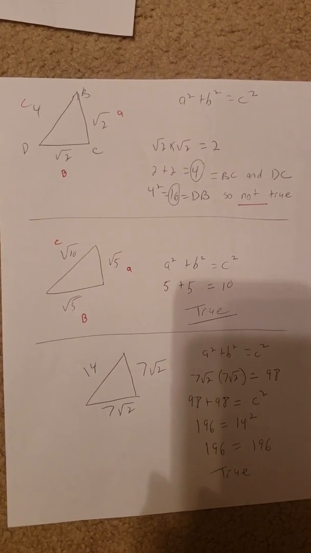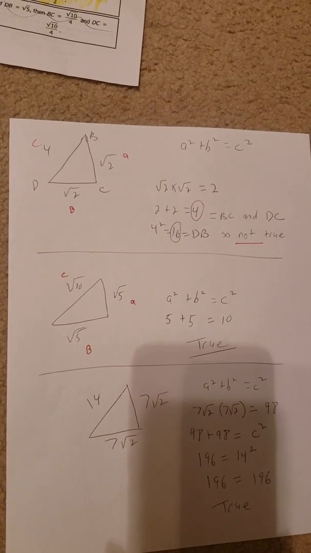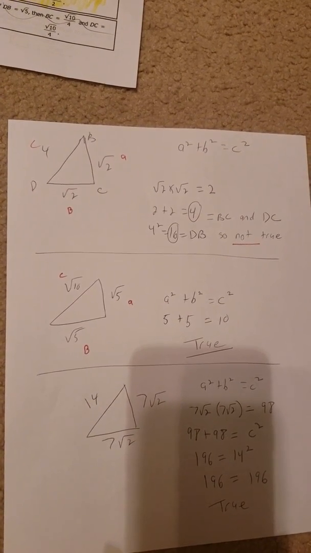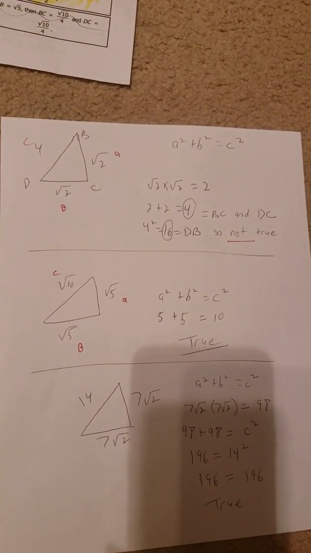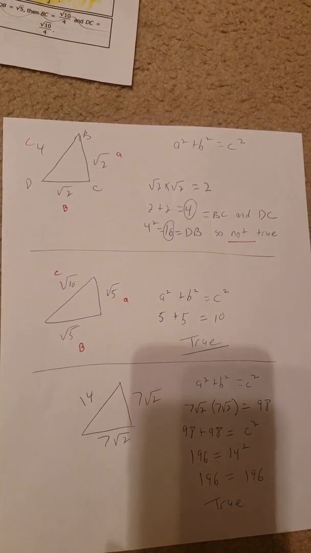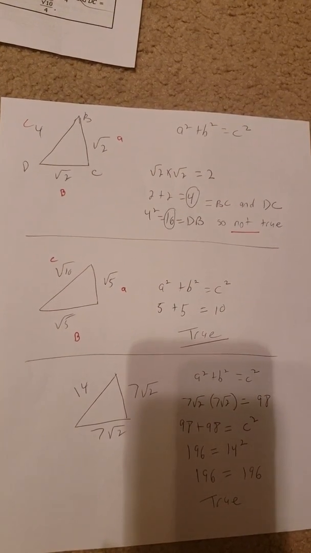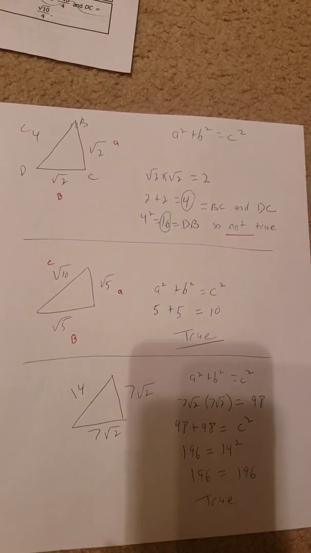So add those together, and that's going to be 4, because the square root of 2 squared is 2.